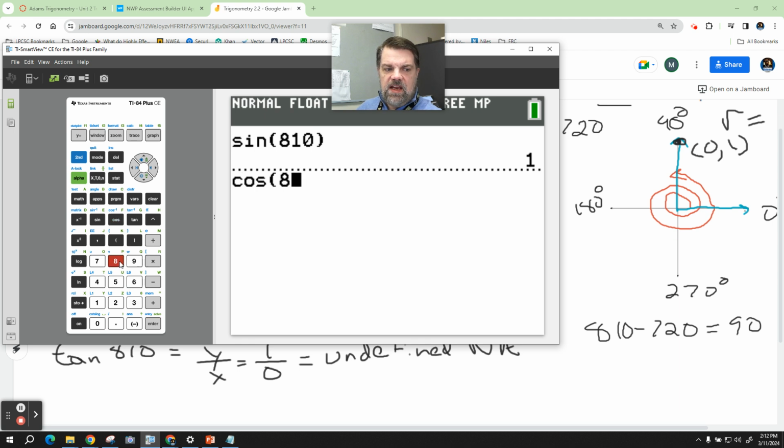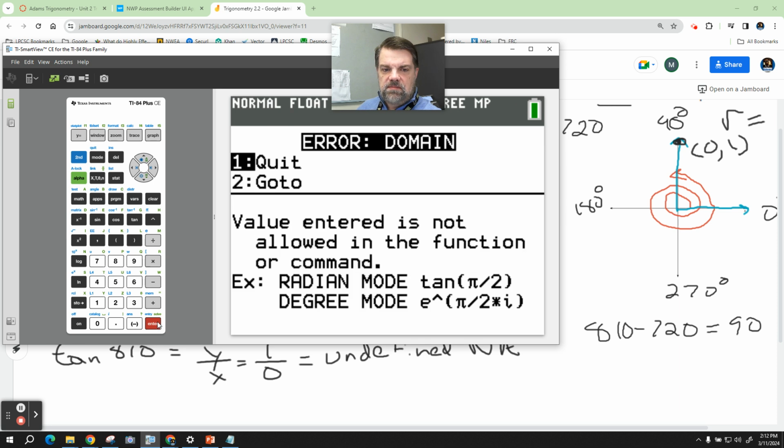Cosine of 810 degrees. 0. Now, tangent will give you an error. That means it's undefined. And there's nothing you can do about that because the calculator doesn't understand undefined or something divided by 0.